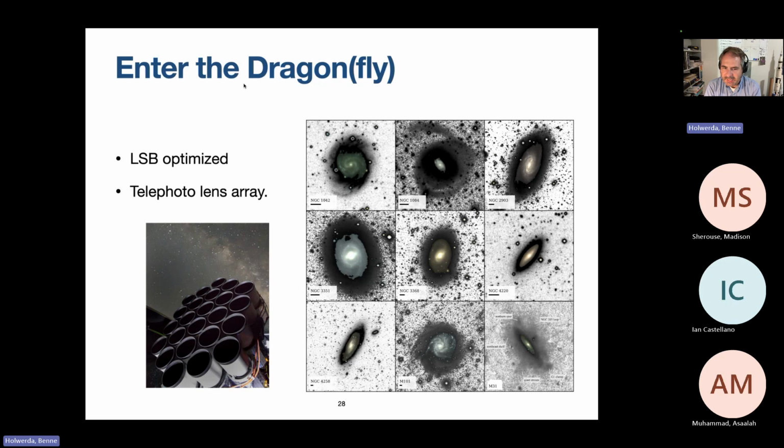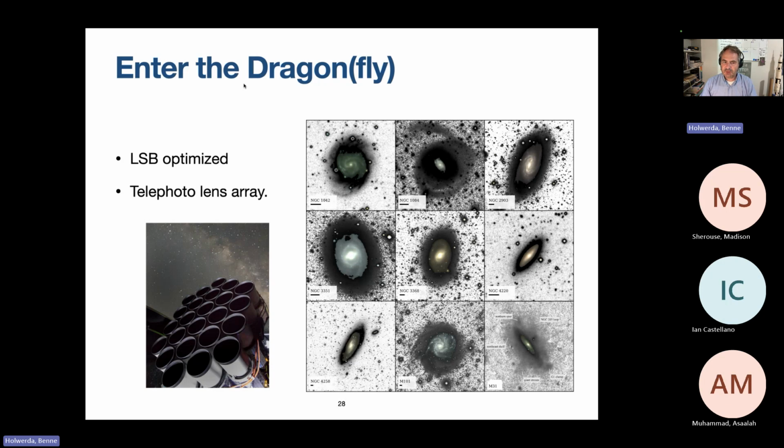So we went back to using lenses in astronomy for the first time in 100 years. All our telescopes have mirrors, but this is an array of telephoto lenses, and so they refract the light, they don't reflect the light, and so there is less of the issue with the diffraction spikes.